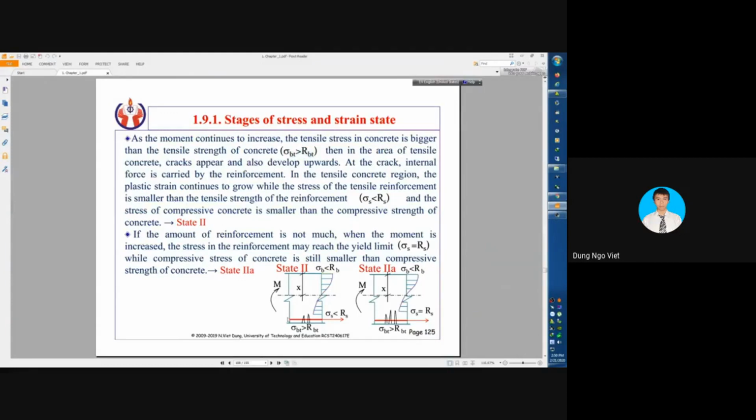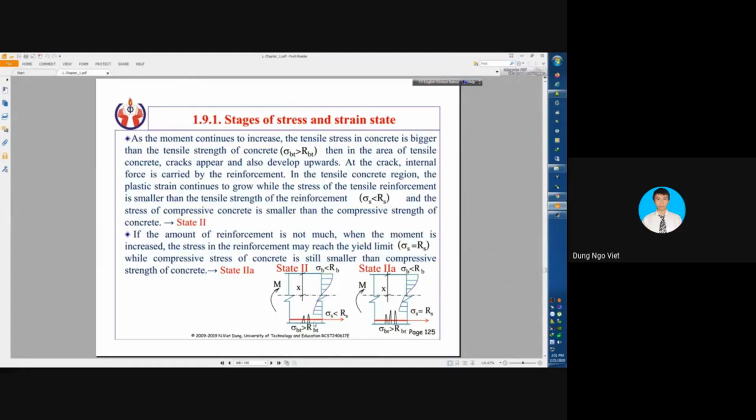Then in the area of tensile concrete, the cracks appear and also develop upwards. And as the cracks form, internal force is carried by reinforcement. When the concrete cracks, it doesn't work.